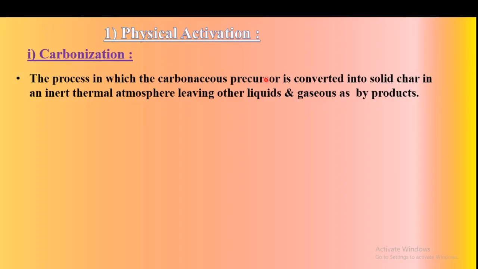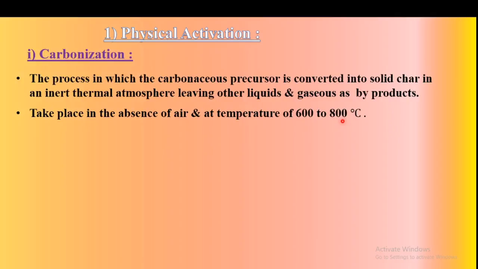in an inert thermal atmosphere, leaving other liquids and gases as byproducts. This process is called carbonization, and it takes place in the absence of air. Inert atmosphere means there is no presence of air, at a temperature of 600 to 800 degrees Celsius.